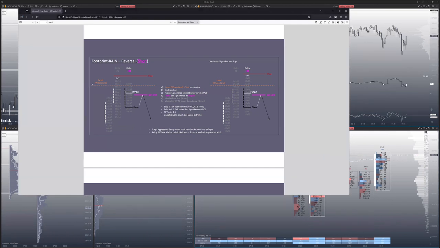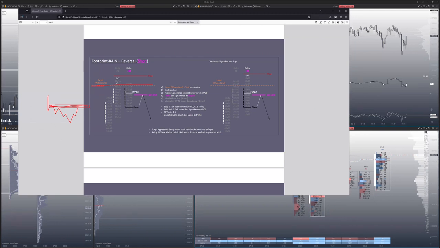These are the resistance zones. If the market maybe moves down and goes back to the resistance zones, or maybe my price level, also my price zone that I draw, I'm looking for this scenario. I need to see first a change in the bar.